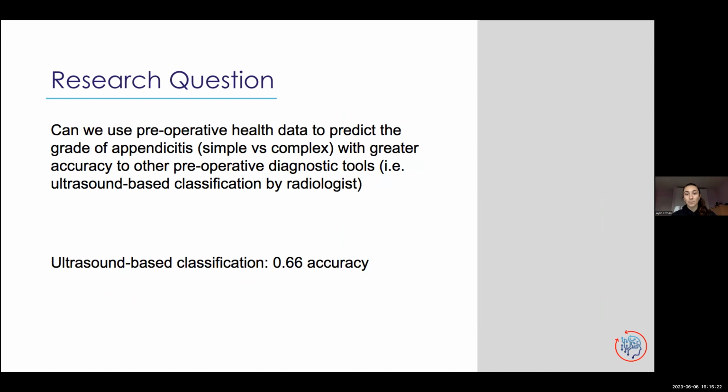And the whole idea behind this project is to help with clinician decision-making pre-surgery, to help them understand how urgent it might be for a patient to get medical care or surgery, or just the grade, or if they need to get surgery at all, just to inform the clinician.